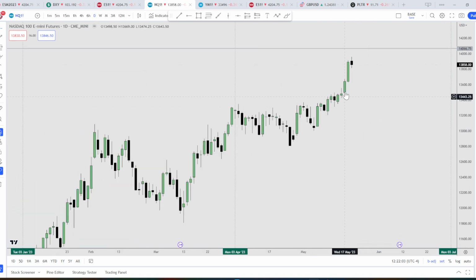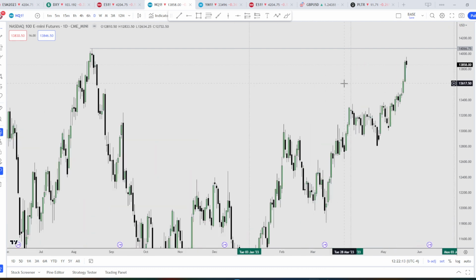Okay, so retracements should be fast and very little, so I'll be looking at this fair value gap right here, which is right around this volume imbalance and the previous balanced price range.